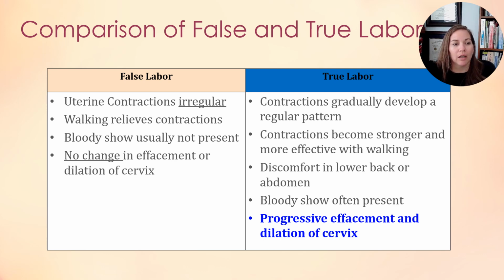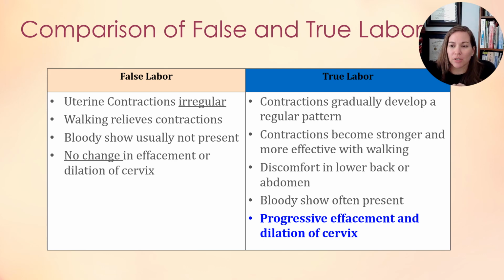Okay? In false labor, bloody show is usually not present because bloody show occurs when the mucus mixes with the blood as your cervix is changing, and then you have bloody show in true labor. So, of course, that's a big result of cervical change.